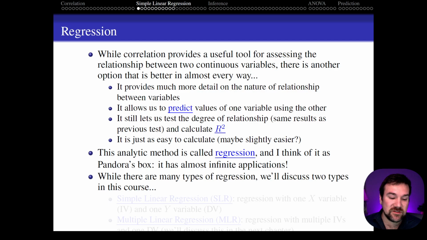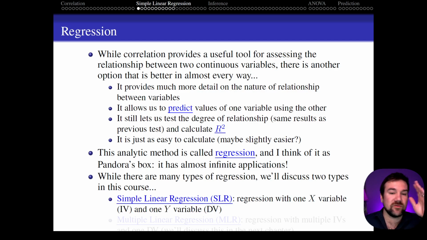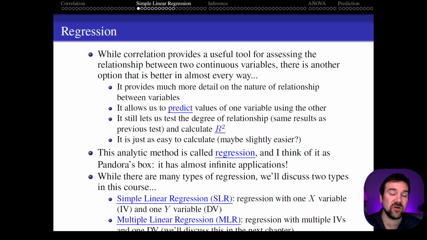So there's a bunch of types of regression. And again, in this course, we're going to talk about two. I've mentioned them, but here we'll present them formally. Simple linear regression is a regression that involves one dependent variable and one independent variable. X, usually what we're using for our independent variable, Y for our dependent variable. In the next lecture set, we're going to talk about multiple linear regression, which allows us to have multiple independent variables.